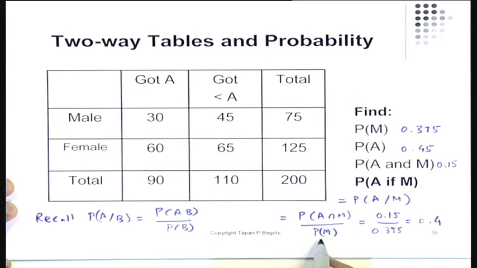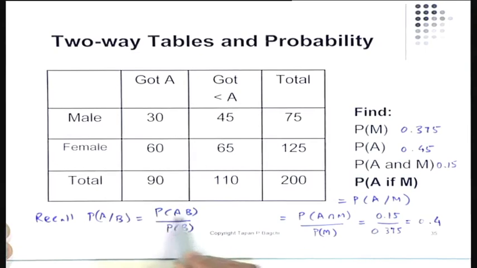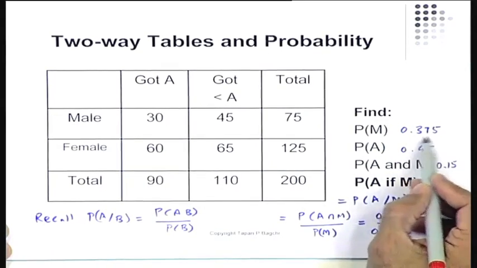When I am using my conditional probability formula, I have probability of A given B equal to probability of A and B divided by probability of B, which turns out to be probability of A intersection M divided by P(M). P(M) in this case, I have already calculated, is 0.375.